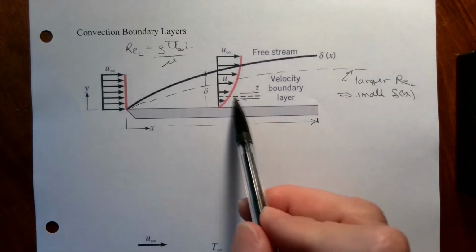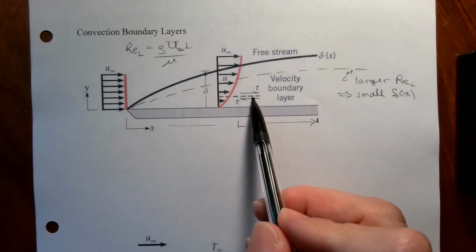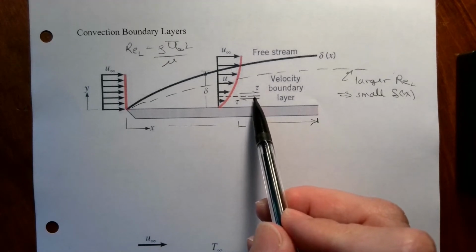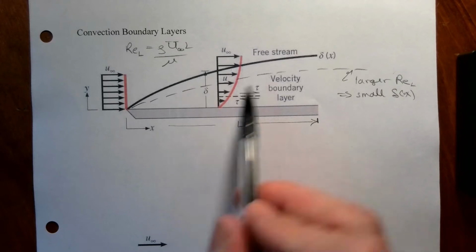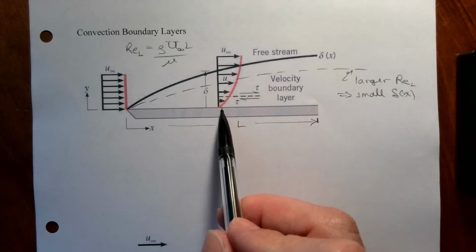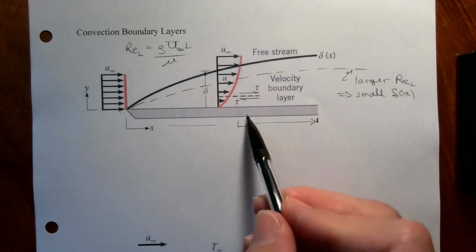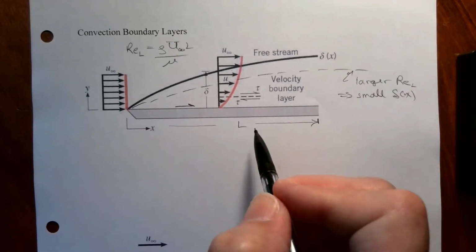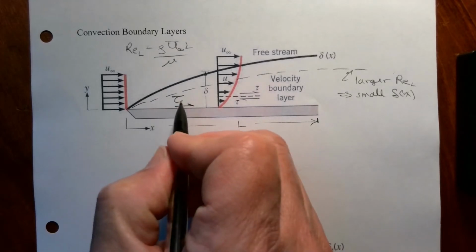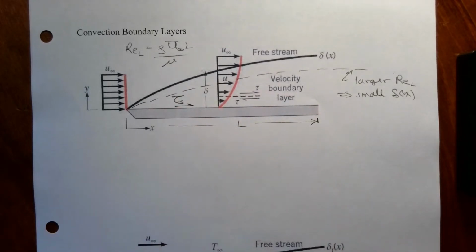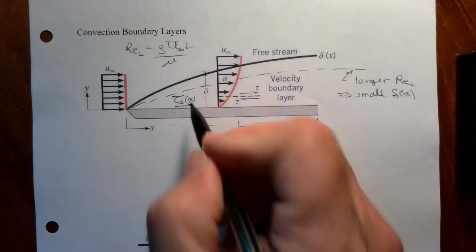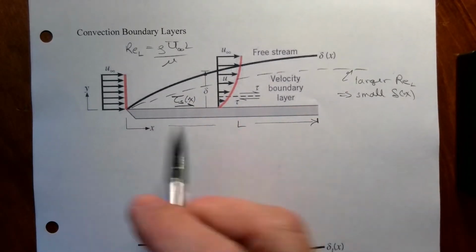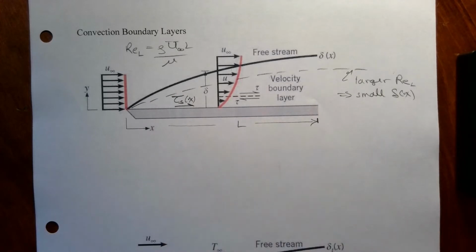There is a shear stress occurring in here. If you remember from fluid mechanics, shear stress is mu du dy. So this flow does cause there to be a shear stress on this surface. If we didn't have a force on this plate, the plate is not going to stay here. So there's a shear stress acting that way on the plate. So tau sub s for shear stress on the surface, or tau shear maybe, is actually going to vary with x, the position from the leading edge.